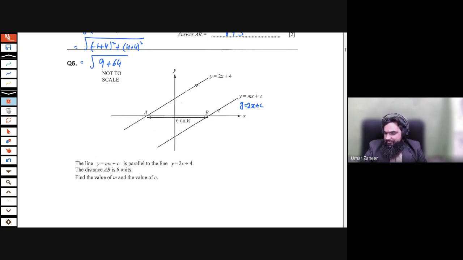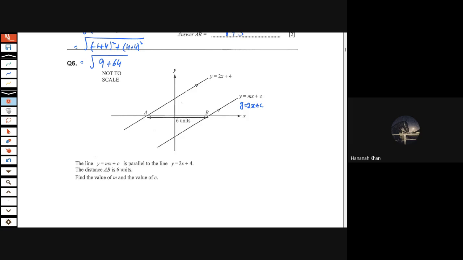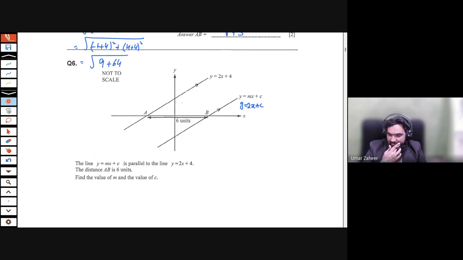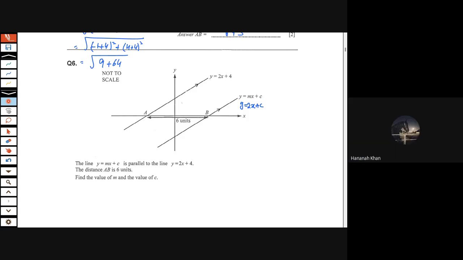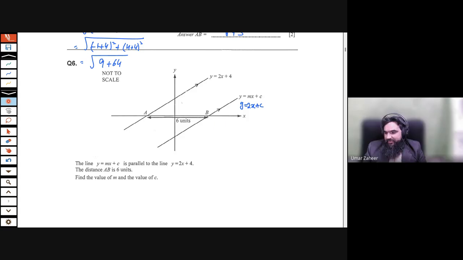We need to find the y-intercept, which means we need to find this point. How can we find it? By rearranging the formula, y equals 2x plus c. But we don't have any point on this line. Using any information, we need to find the coordinates of B.